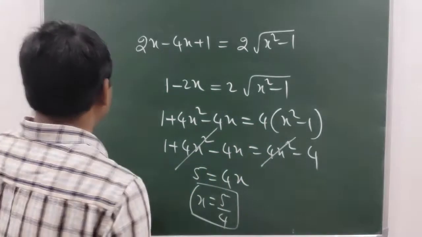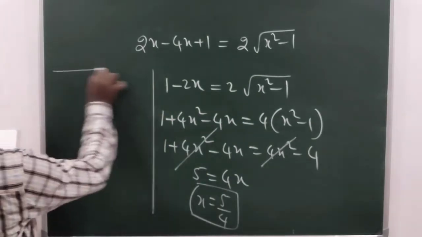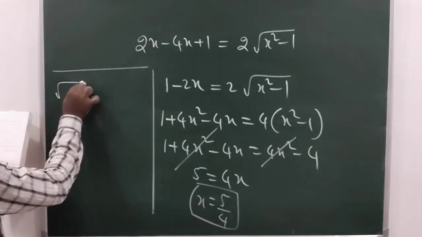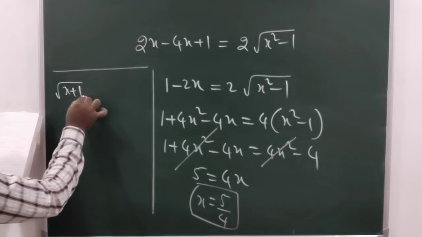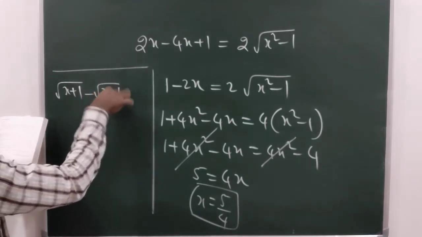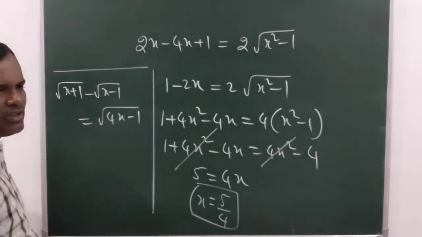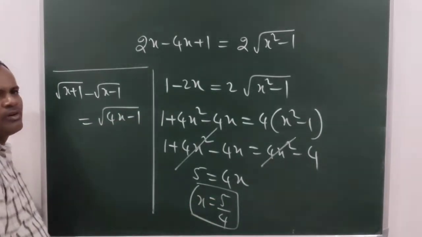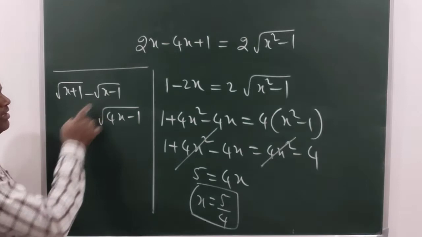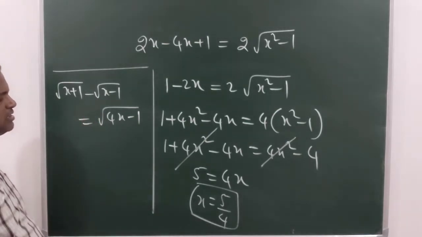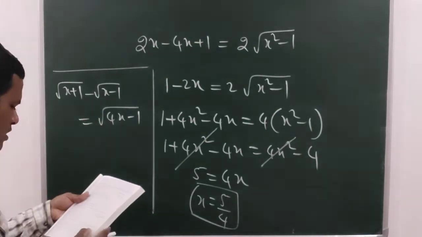Why? See here, what is the given equation? Square root of x plus 1 minus square root of x minus 1, which is equal to root of 4x minus 1. When you write x equal to 5 by 4 here, will you get LHS equal to RHS? Once you check it.